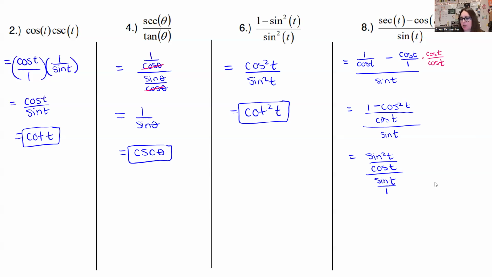So I can cancel out only one of those. I can't cancel out both. So I am left with sine t over cosine t. And what is that? Tangent.